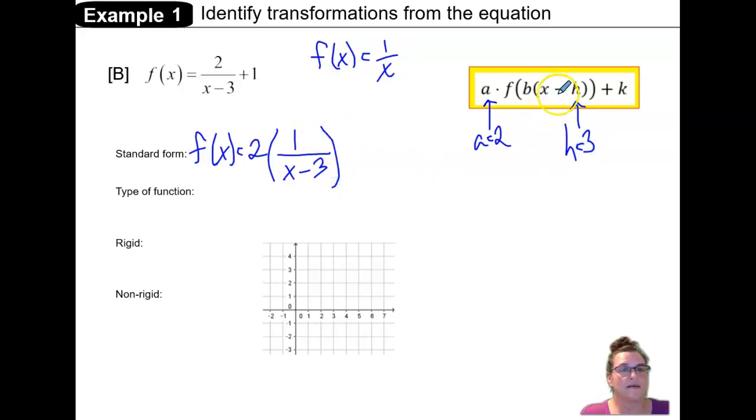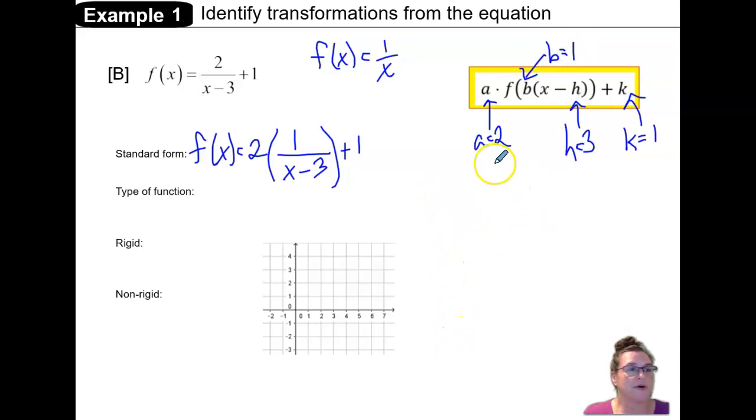Okay, and then on the outside of that is my plus k, and here on the outside of my equation I have a plus 1, and so that tells me that the k is equal to 1. And the b is the coefficient on the x, and when we look at this standard form, there is no number written in front of x, so that tells me that b is equal to 1.